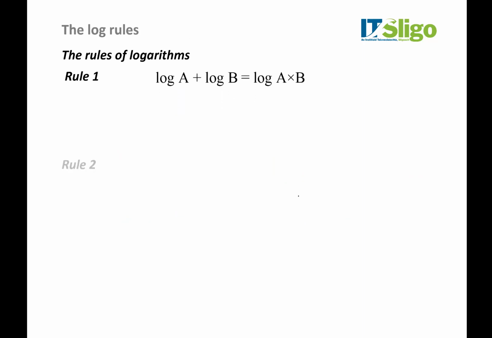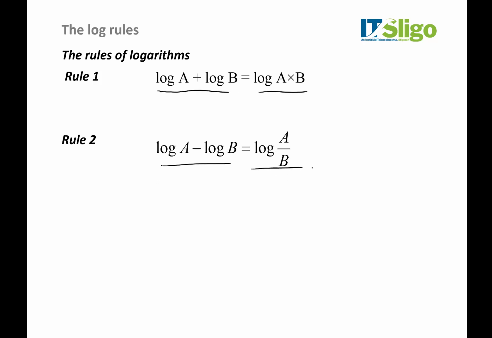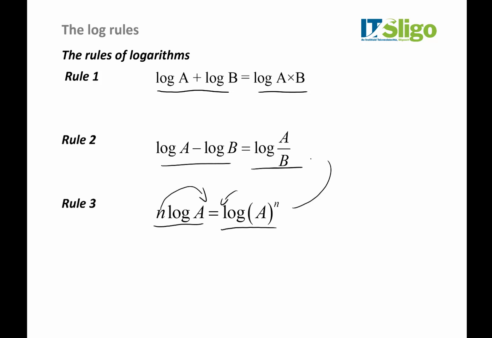So probably best explained by example. Here's our 3 rules. So this is the way I'll be using them. You can see I've just inverted the order. Go from 2 logs to 1, 2 logs to 1. But rule 3, if there's a number in front of the log, we can bring that number up as a power. And now we have a clean log, which allows us to use rules 1 and 2.